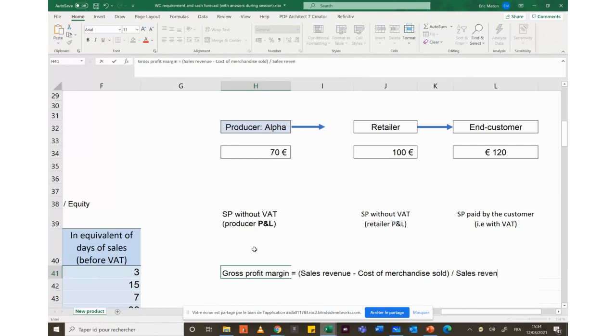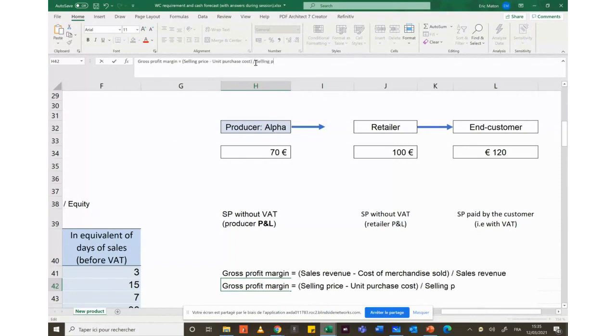So we can say the gross profit margin is equal to the selling price minus the purchase cost, divided by the selling price.